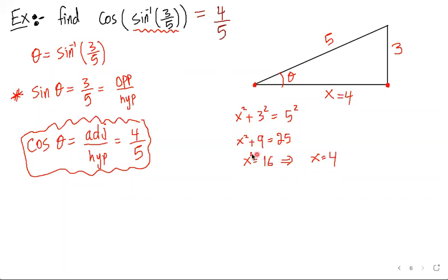Take the square root for both sides, I get x equals 4. It's 4 and negative 4, but I have to remove the negative because the length is always positive. Now the cosine of theta is adjacent over the hypotenuse. The adjacent for the angle is 4 over 5, and this is my answer.